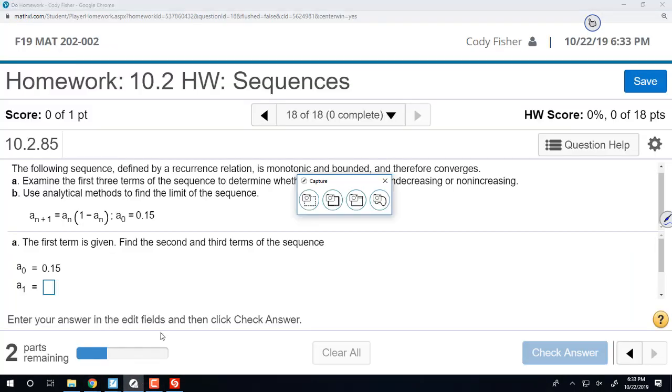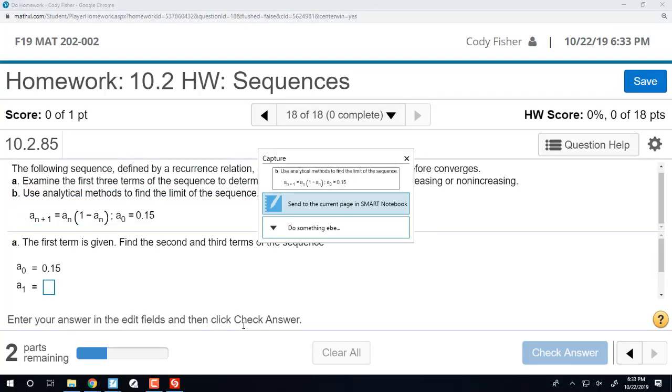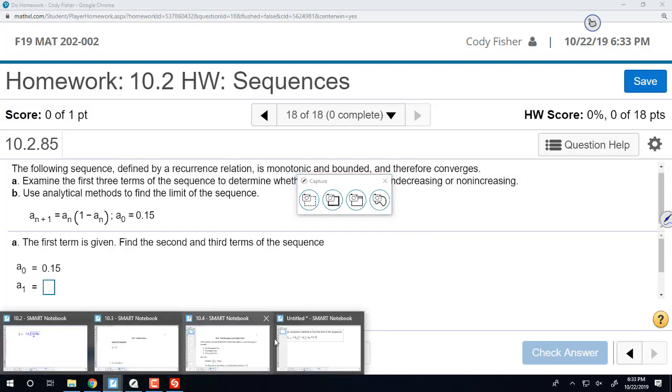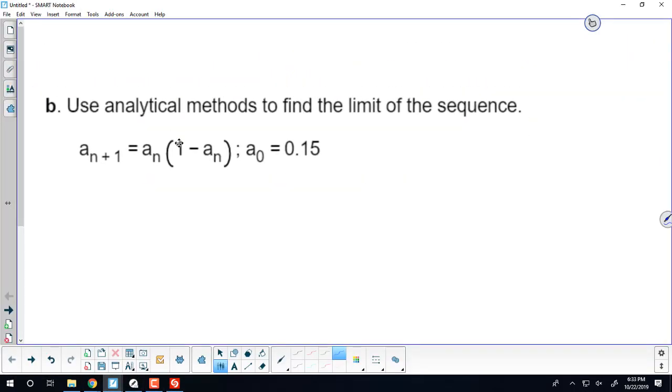Okay, so we'll check that out. 10.2, number 18. So it says use analytical methods to find the limit of the sequence.